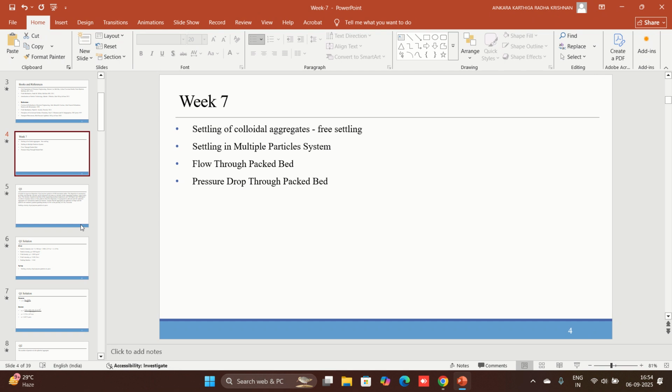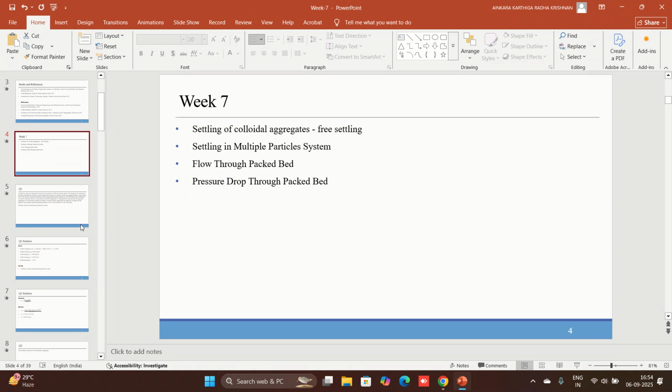If it is free falling, we experience a higher velocity compared to a multiple particle system, because hindered settling occurs, and hindered settling reduces the movement of the particle. Therefore Vh is equal to V naught times (1 minus epsilon) to the power of n. So the free settling velocity is reduced to the hindered settling velocity values.